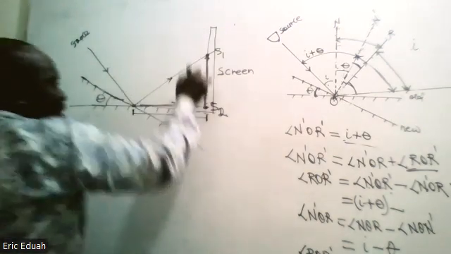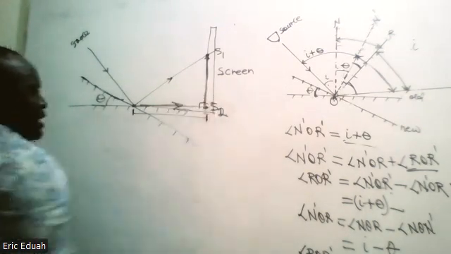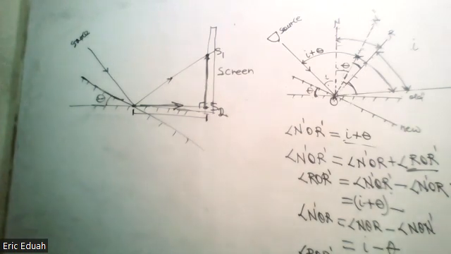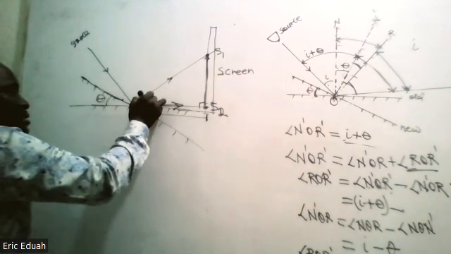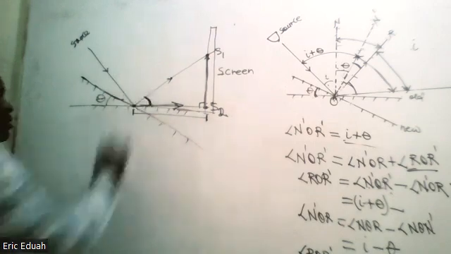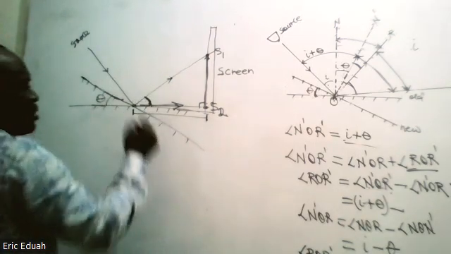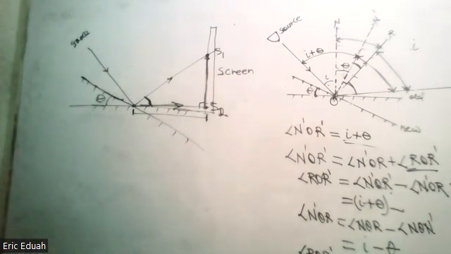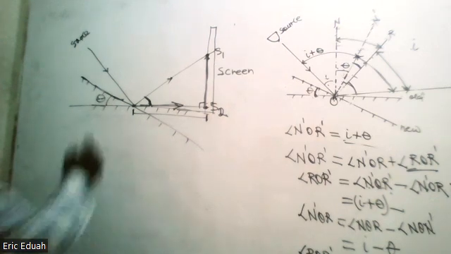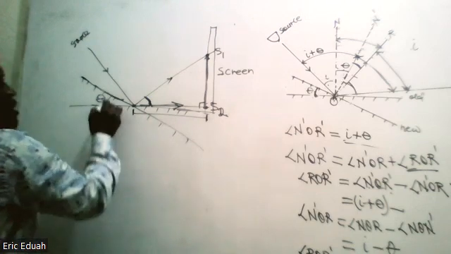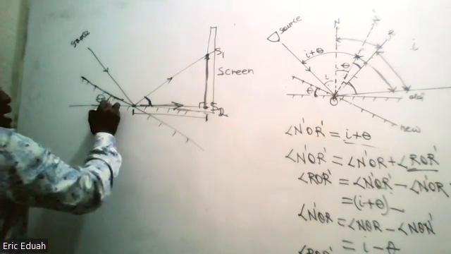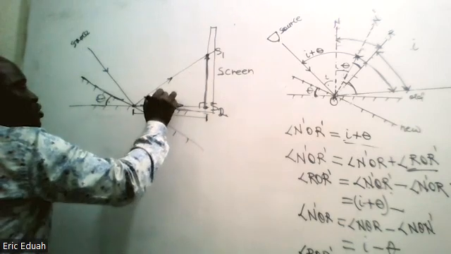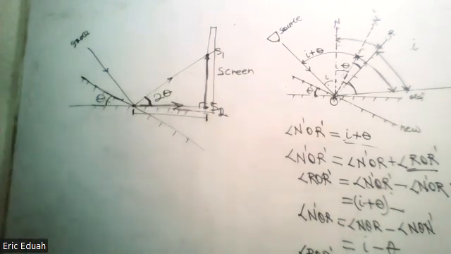Don't forget this image is perpendicular to the reflected ray. But you need this angle. Determining this angle is what we've done: whenever a mirror is rotated, the angle between the two reflected rays produced is twice the angle of rotation. So if this is given to you as theta, then this will be 2 theta.